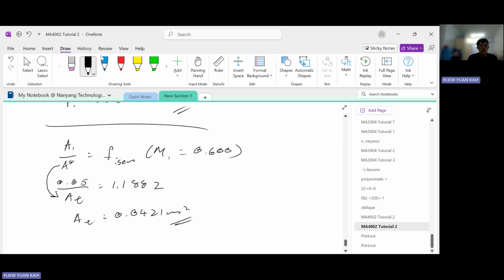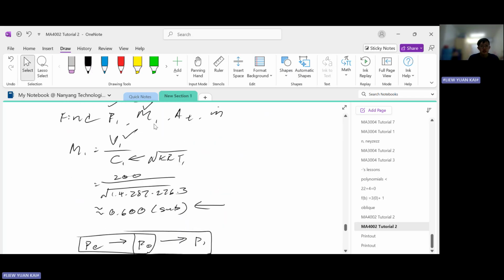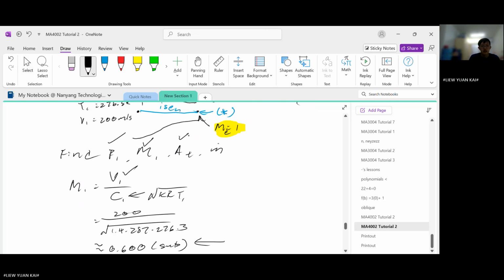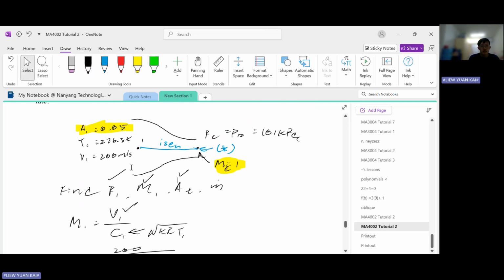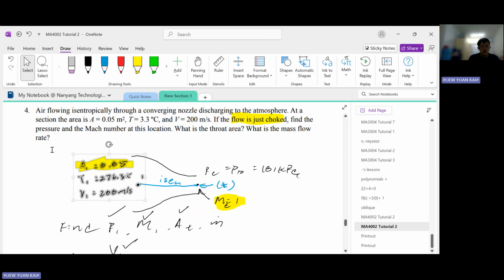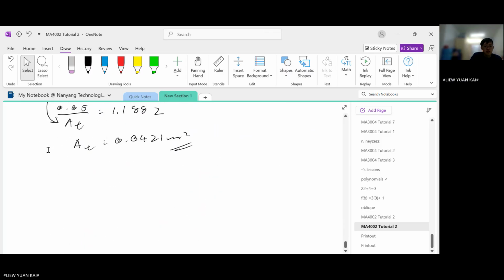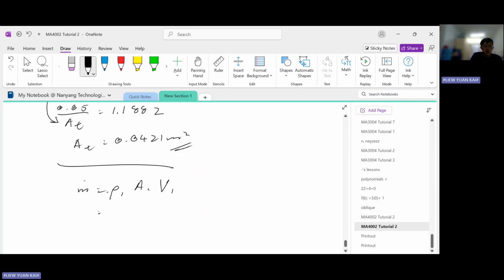Okay, finally, we need to calculate the mass flow rate. Okay, the mass flow rate, well, let's just use the conditions at point 1. Okay, we don't have density, but density can be found using equation of state.